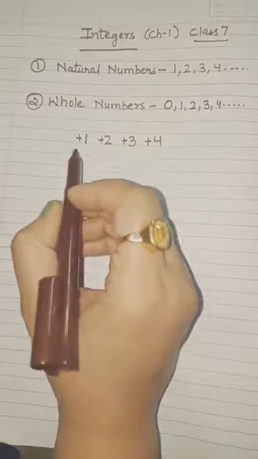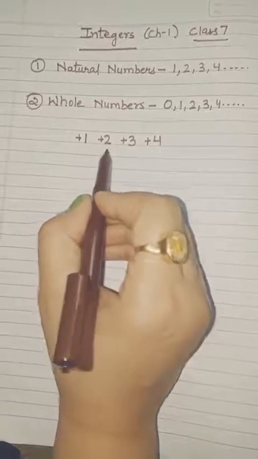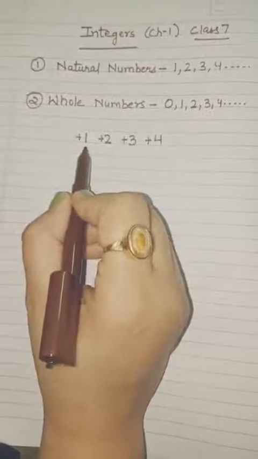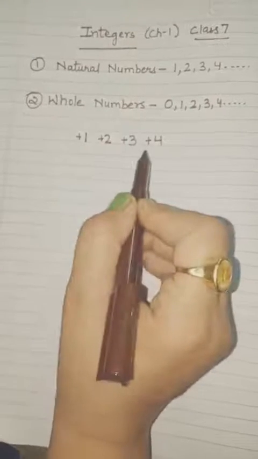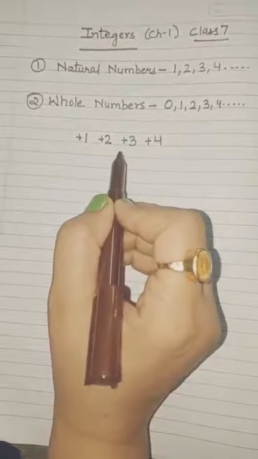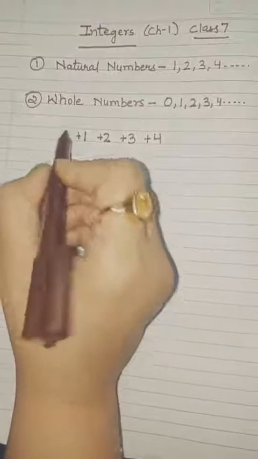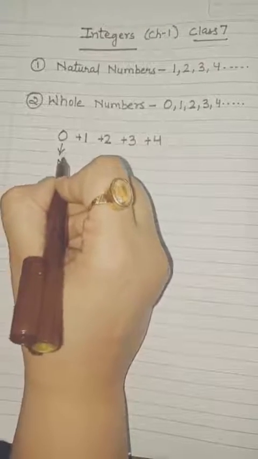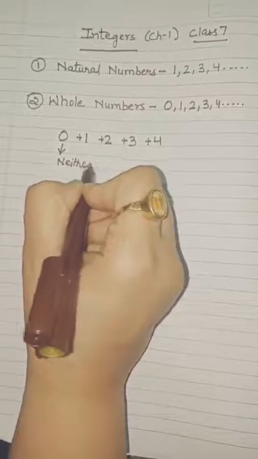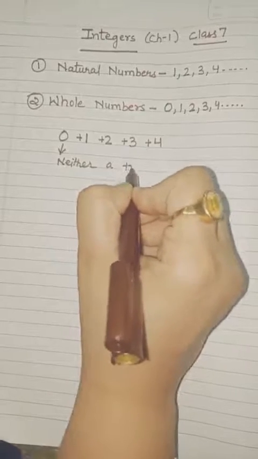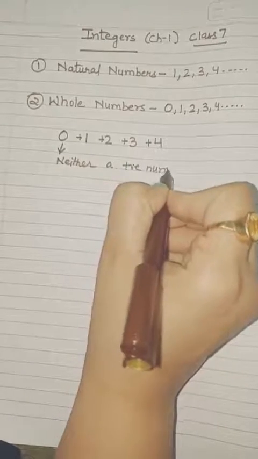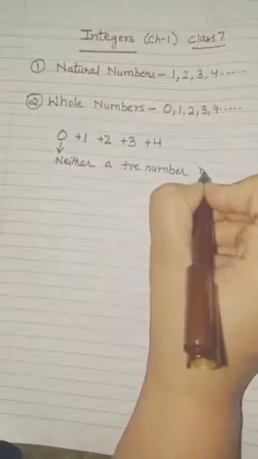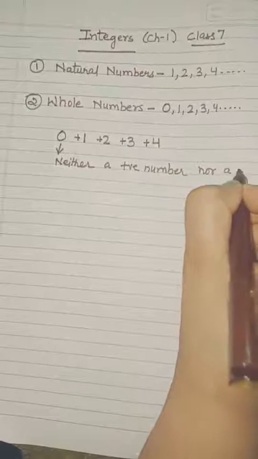When we read or write a number with its sign, plus or minus, we call it an integer. It includes 0 also, but we have to remember that 0 is neither a positive number nor a negative number.